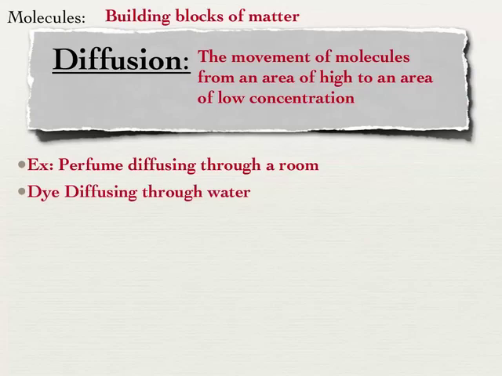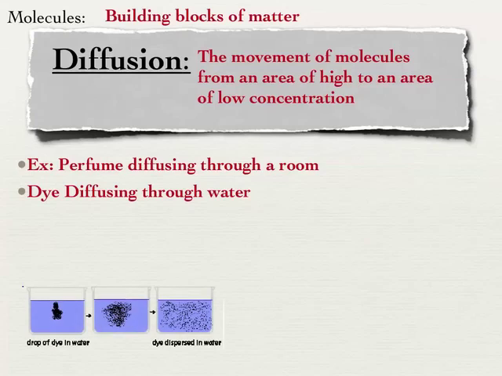Dye diffusing through water does something similar. If I have this beaker of water here, if I put a couple drops of this food coloring in, the food coloring starts off with what kind of concentration? High. It's a little clump of those dye molecules, right? This is a high concentration.